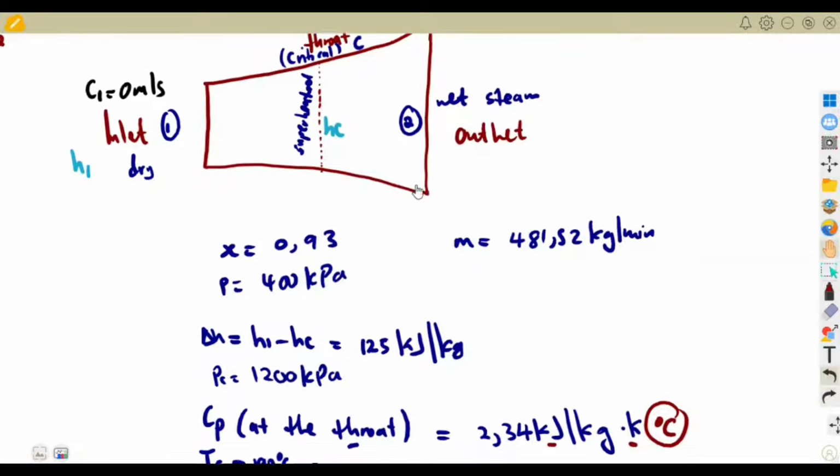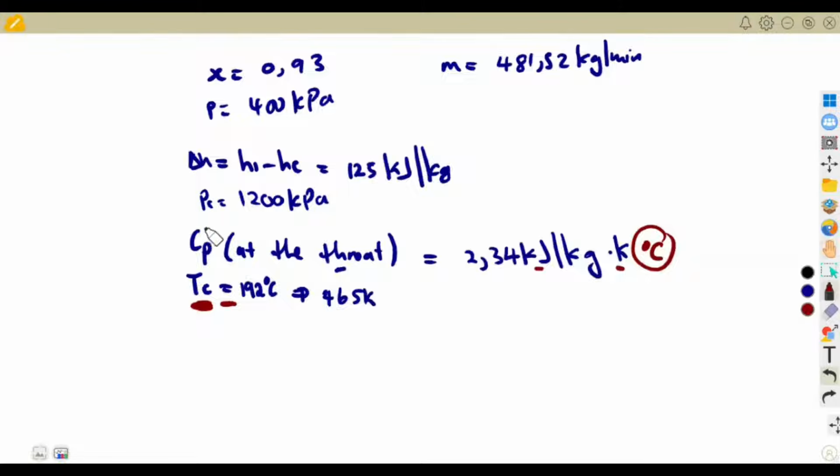So CP is the specific heat capacity for the superheated steam, and this is the temperature for the superheated steam, which is 192 degrees Celsius, taken per kilogram degree Celsius.